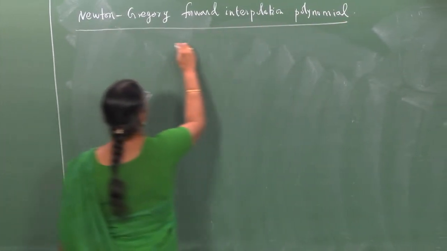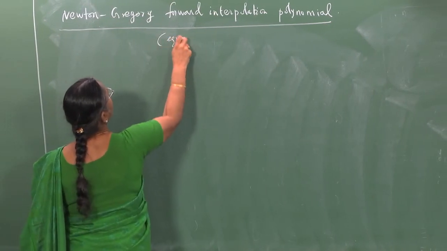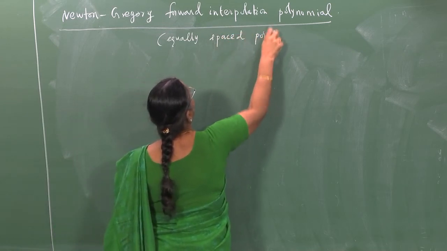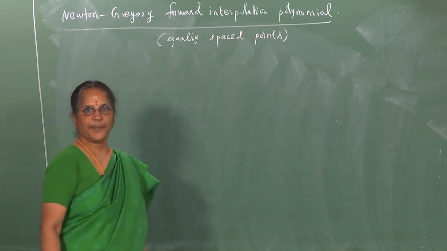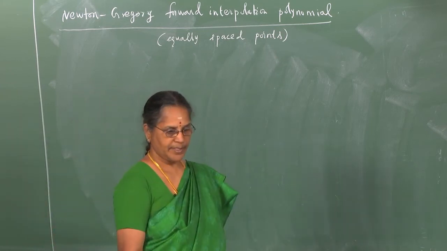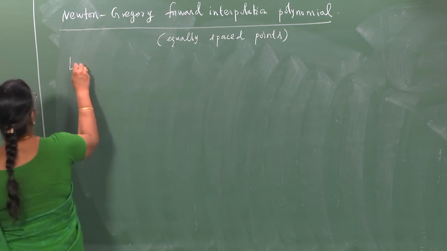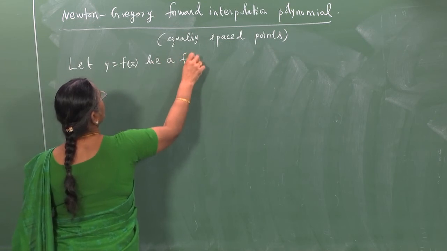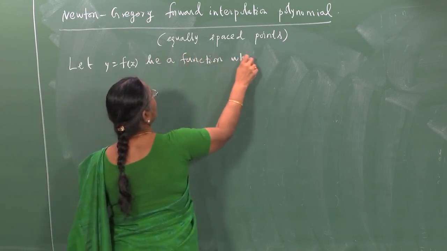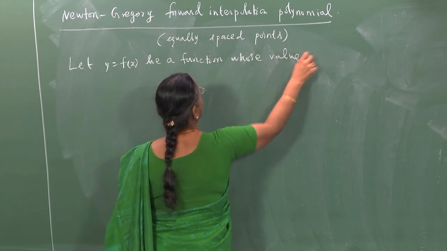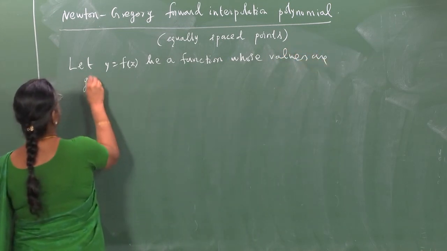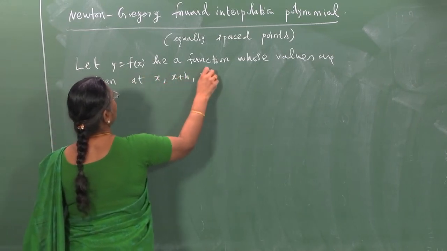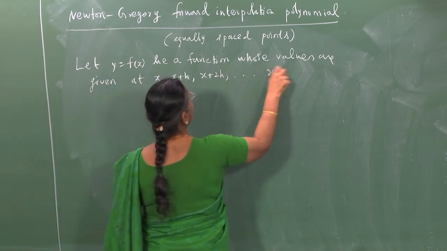Our derivation is for a set of equally spaced points at which the function values are specified in the form of a table. So, let y is equal to f of x be a function whose values are given at x, x plus h, x plus 2h, etc., x plus nh.